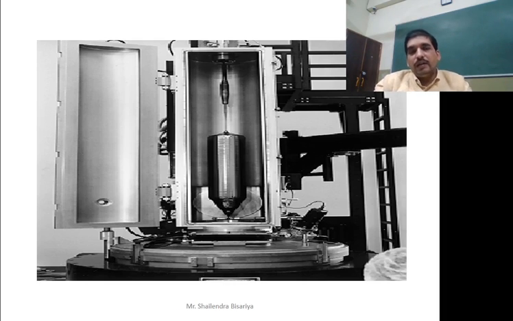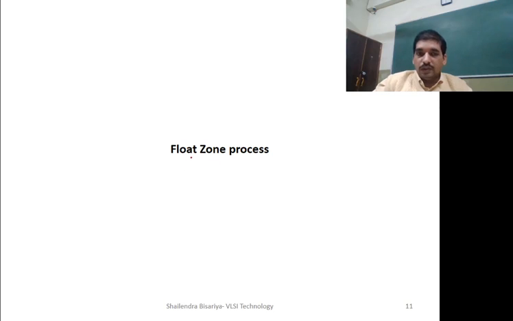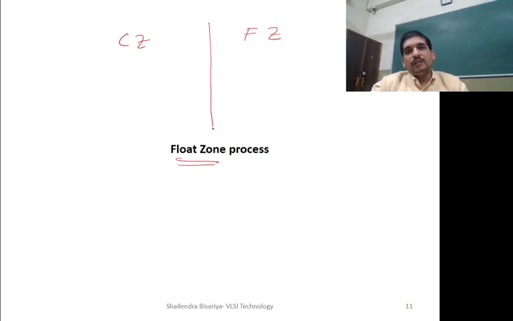Another method which we may also use is known as the float zone method. Now, before proceeding, I want to tell you the difference between the CZ and FZ methods. First thing is that the CZ method is widely used because it is less costly in comparison to the float zone method.